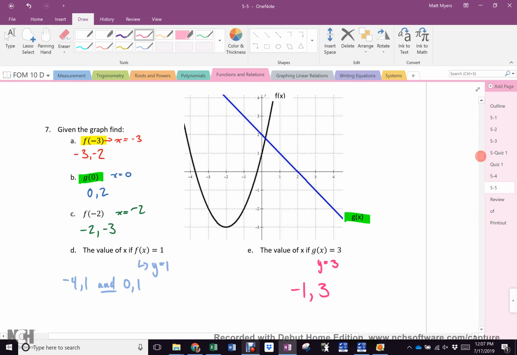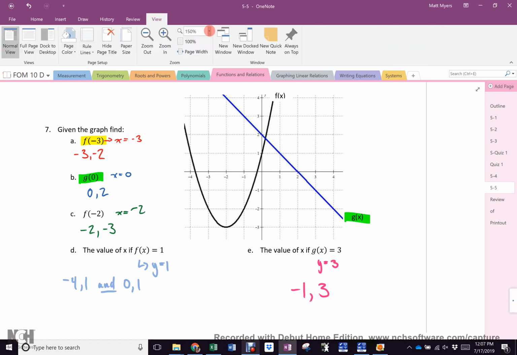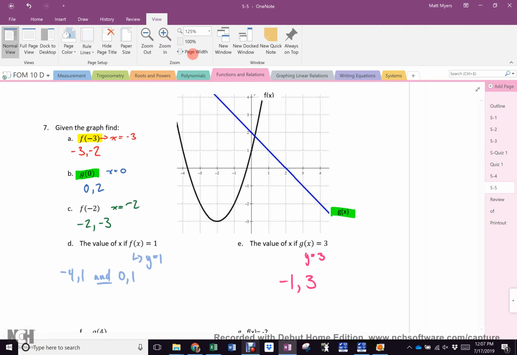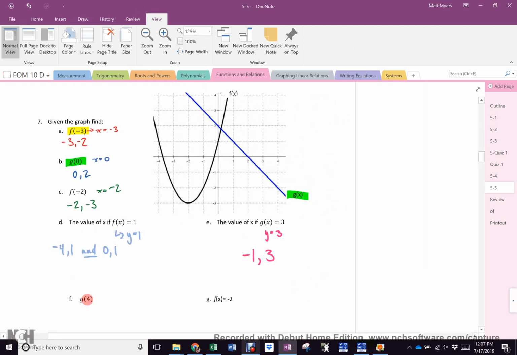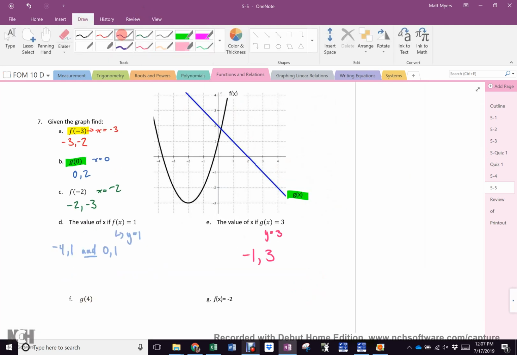The last two, I will shrink this down so it is all visible on the screen at once. g of 4, that is an x value on the g curve. So I go to where it's 4. I go down and I see there is my intersection for -2.